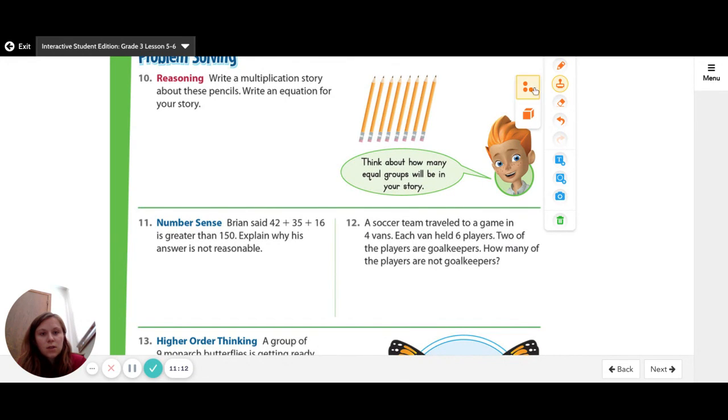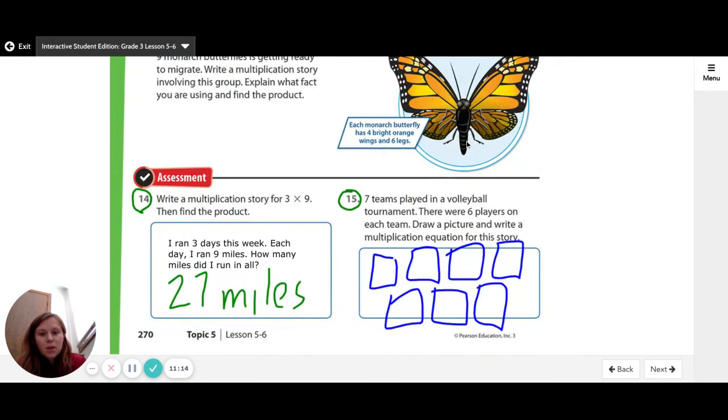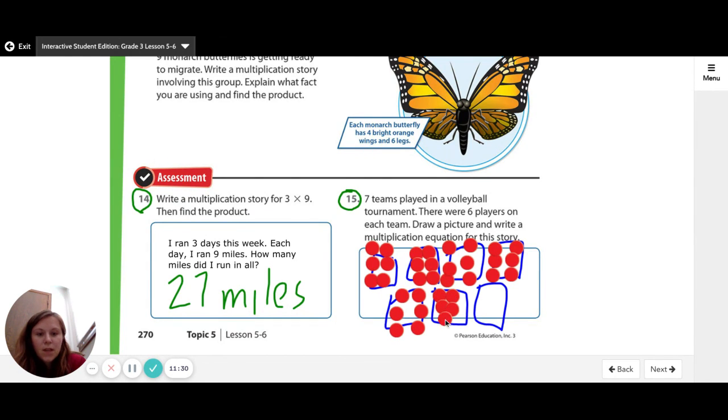I'm going to choose to do the dots. So we'll do 6 dots in each. So we'll do 1, 2, 3, 4, 5, 6. That's one team. And then I'll keep doing that to get all my teams. Continue to do 6 dots in each. And then my equation, like I wrote before, we do 7 times 6 equals 42, and it would be players.